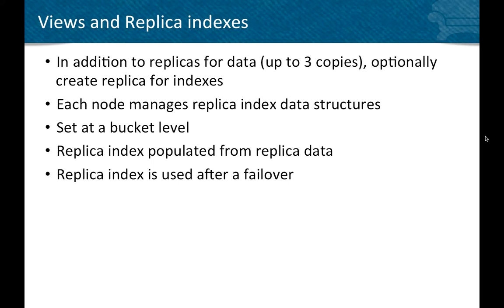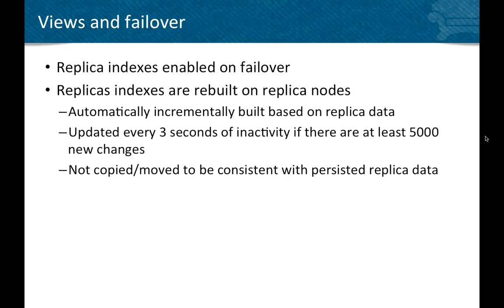And again, for that high availability constraint for views, one way to avoid getting yourself in a situation where you need replica indexes is to cache view results in a key in memory, so that you can serve those to your end users, and that key can then provide sort of a backstop while you're waiting for the new indexes to come up to speed after a failover.